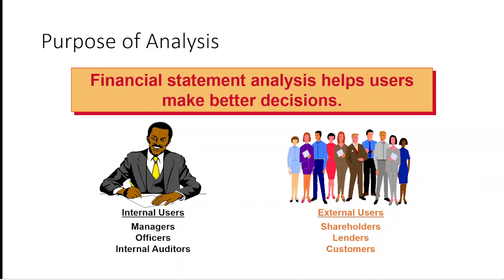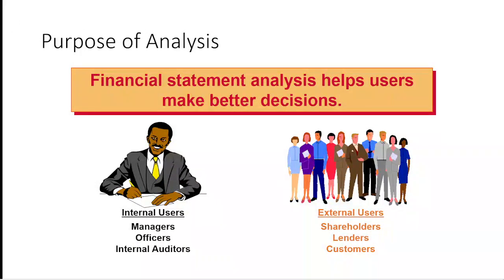Financial statements are useful for multiple stakeholders. There are internal users, such as managers, officers, internal auditors, and government employees, and many external users: shareholders, lenders, customers, taxpayers, tax collection departments, and compliance departments. They all need to understand financial statements so that they can make different decisions.